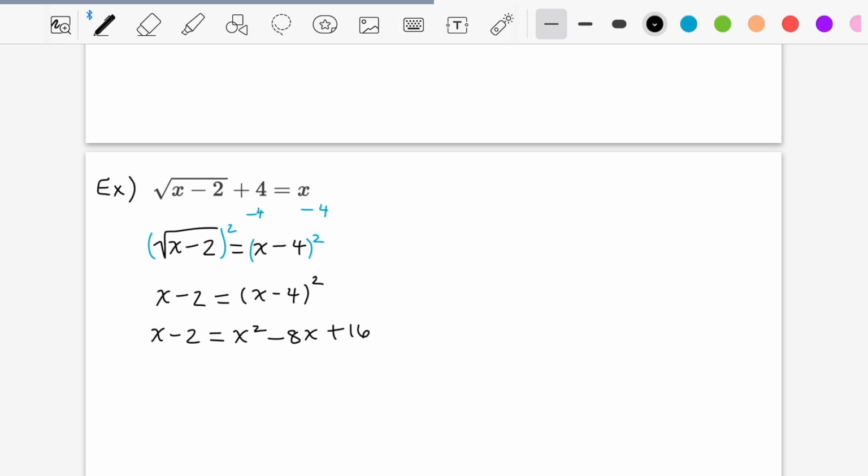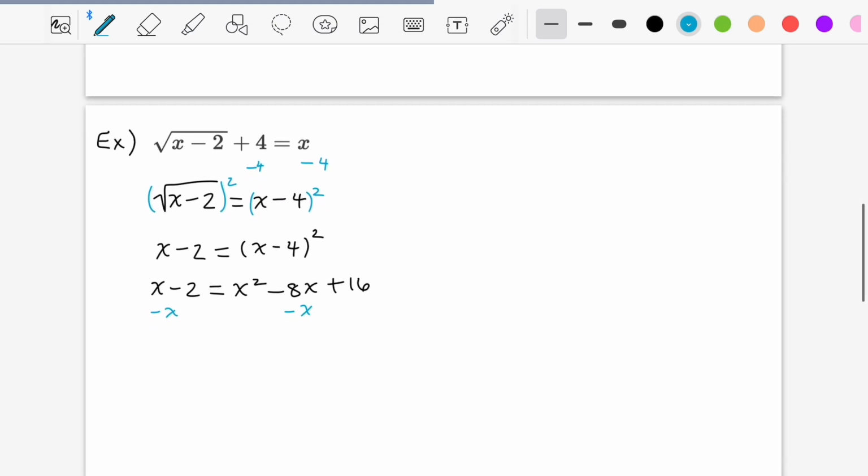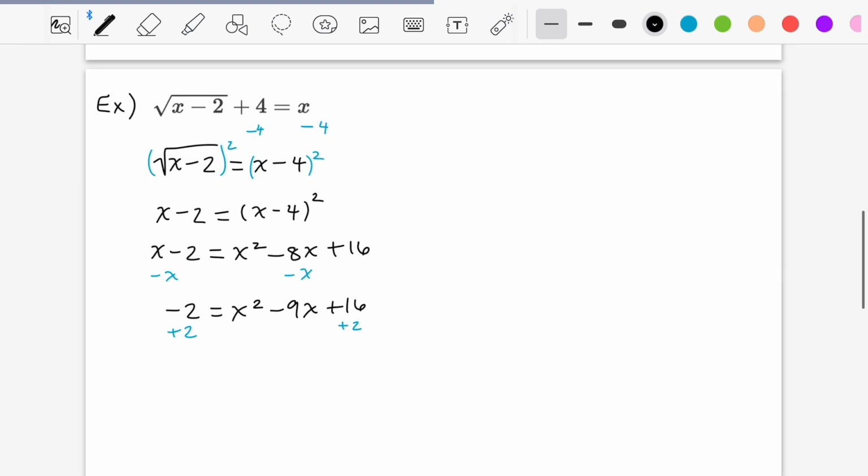Alright, now what we'll do is move everything over, so we'll subtract x on both sides. We get negative 2 is equal to x squared minus 9x plus 16. And then we want to add 2 on both sides, so we get 0 on the left-hand side. So we'll get 0 is equal to x squared minus 9x plus 18.